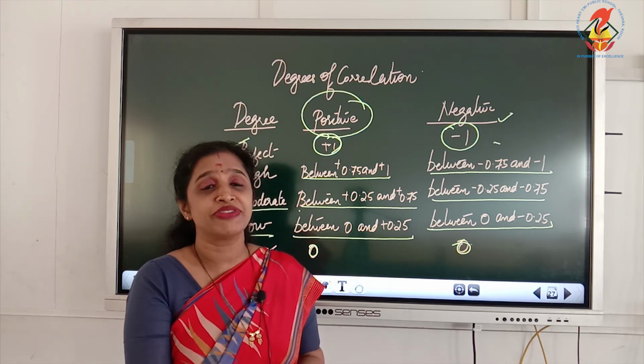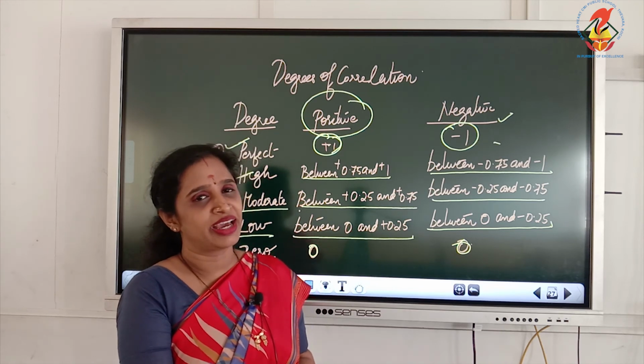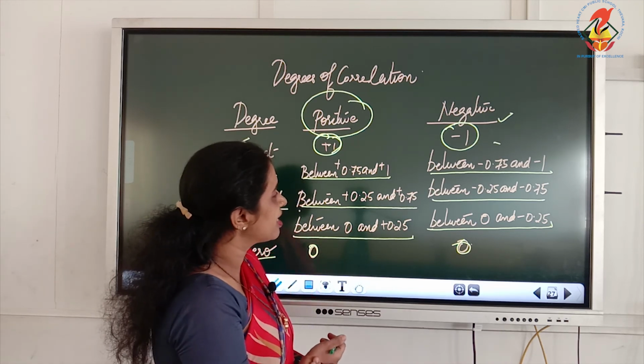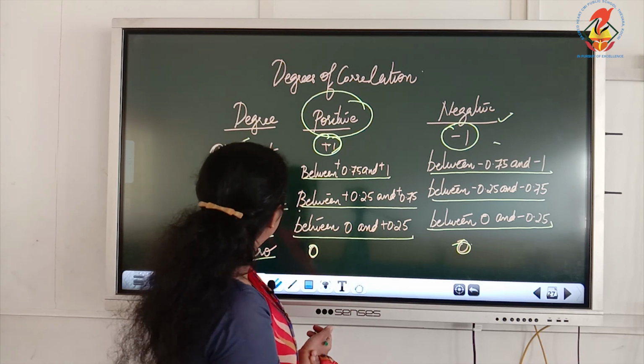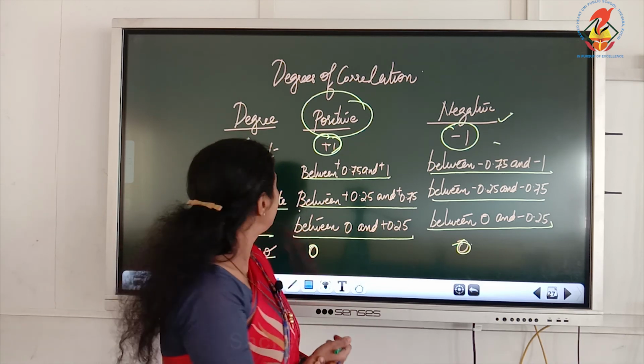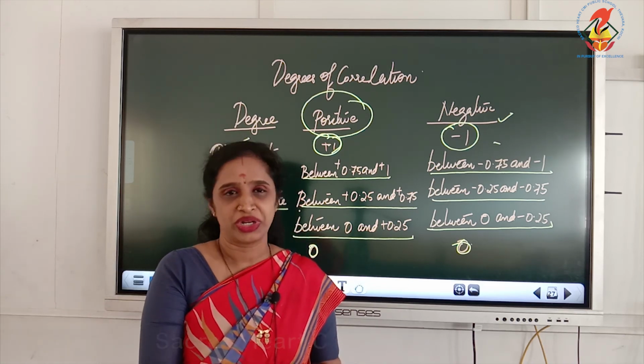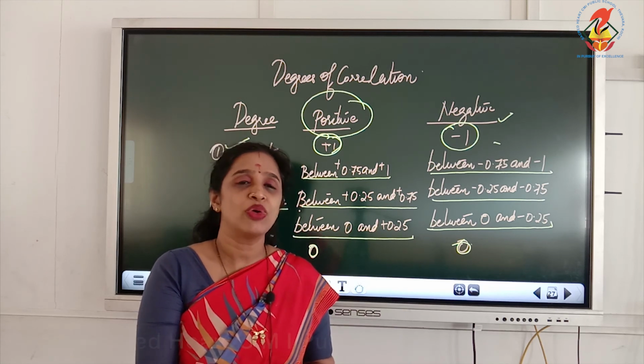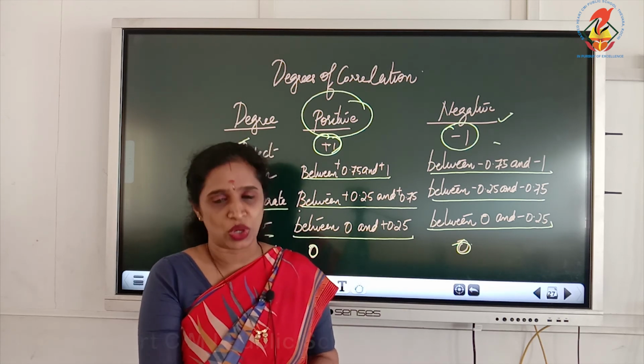So, if it is negative, if it is minus 0.75 the answer that you are getting, you can write it as a high degree of negative correlation. Okay.